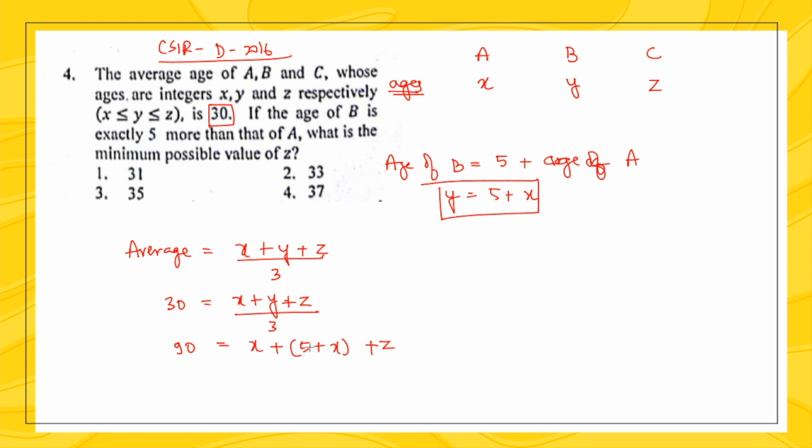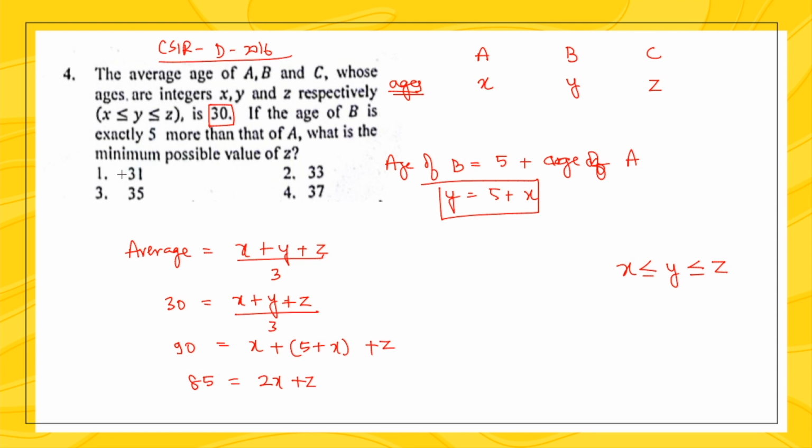So I can take 5 to this side, it will become 85. This will be equal to 2x plus z. Now you have to consider one more thing that is given, that x is smallest, then y and then z. What they are asking is the minimum possible value of z.